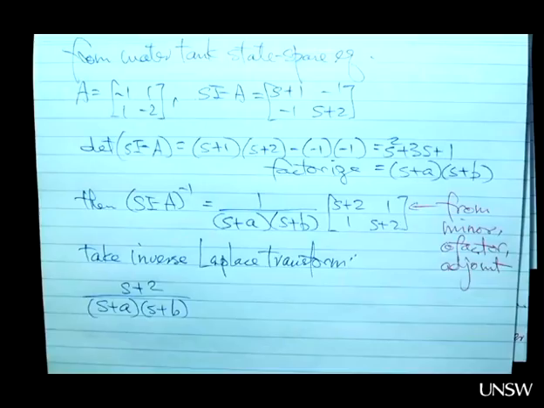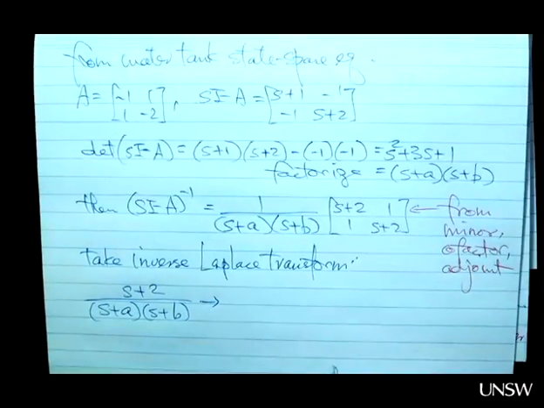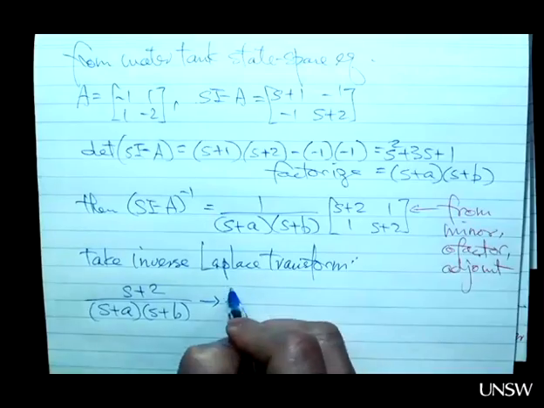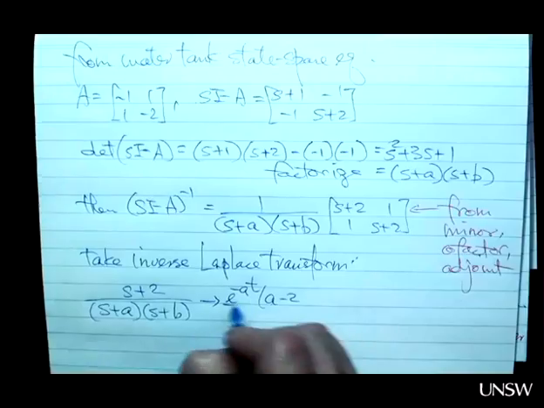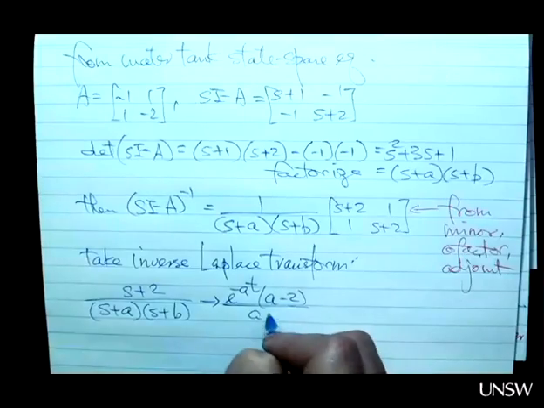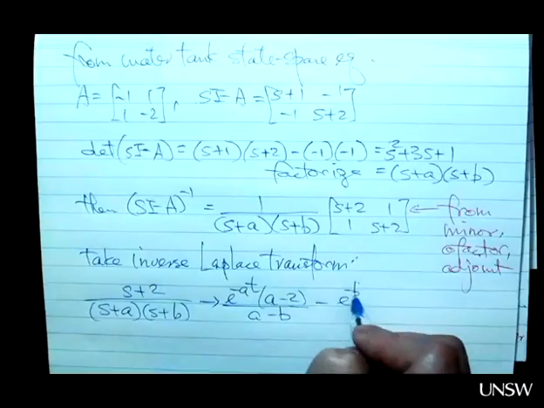So it gives us the exponent of minus aT and minus bT.